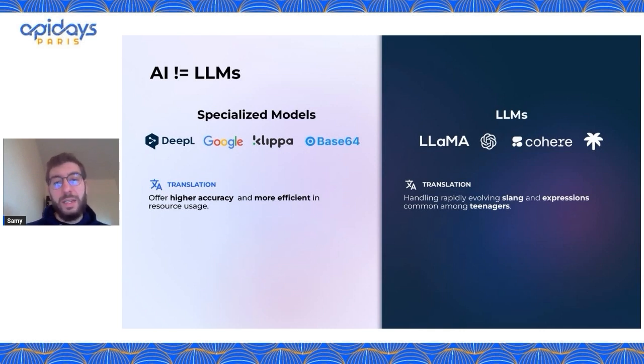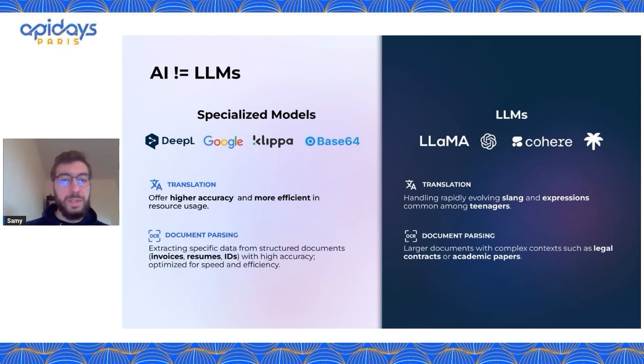LLMs can be somewhat interesting for languages that evolve quickly, like if you're addressing teenagers who invent new expressions every week. But if you're not dealing with such evolving expressions, then using the specialized translation API made by DeepL or Google Translate would make way more sense.